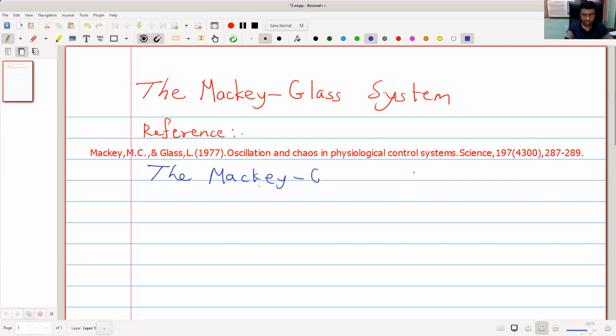The Mackey-Glass system is a model for blood production in patients with leukemia.